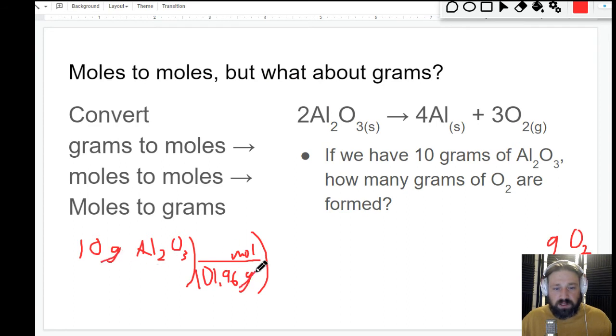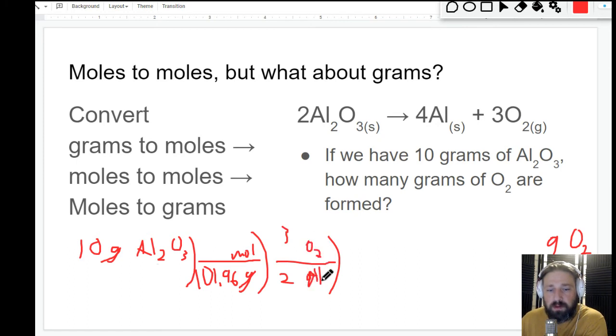The grams can cancel. Now we have moles of aluminum oxide. And once you have moles, now we can do that stoich step. The aluminum oxides cancel, and now we have moles of oxygen.